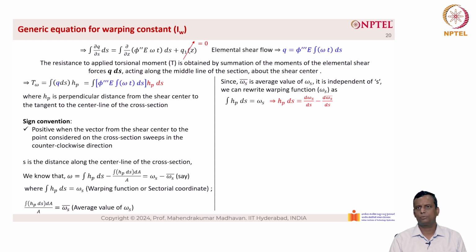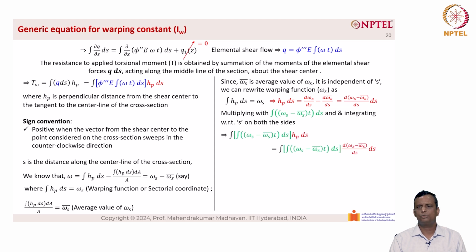So we are adding this to the equation, and this again can be simplified as d by ds of omega s minus omega s bar into ds. So in this equation, we are multiplying with integral of omega s minus omega s bar times t into ds and integrating with respect to s on both sides. When we do so, we get this equation as shown on the screen here.